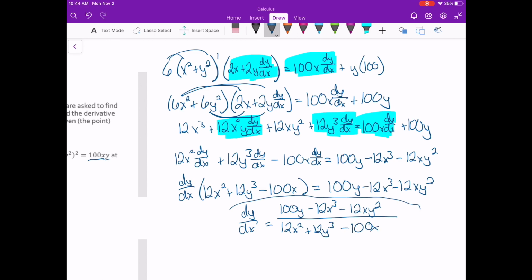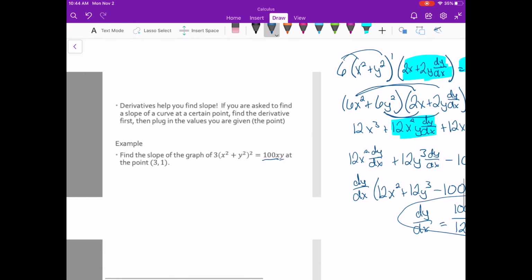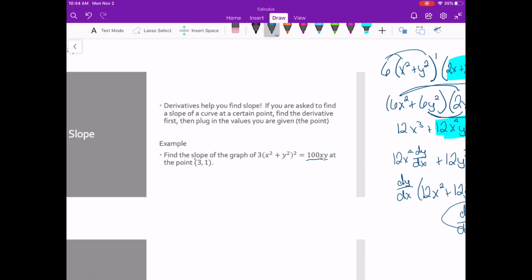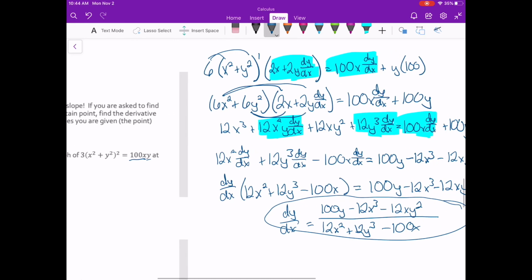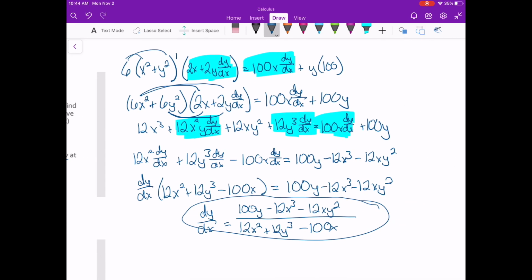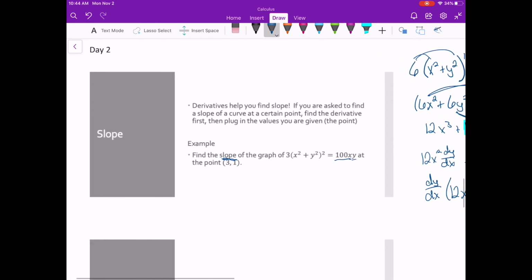So this is our derivative, but that's not the answer because the question is asking for the slope at the point 3, 1. So then we're just going to plug in 3 for x and 1 for y, and then we can figure out the slope from there. Oof, it's a lot, I understand.